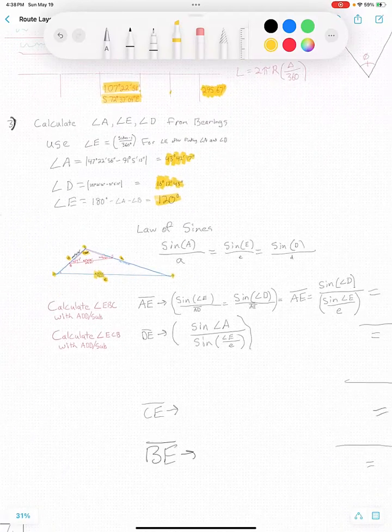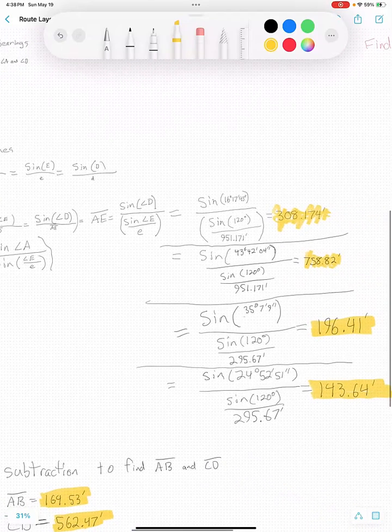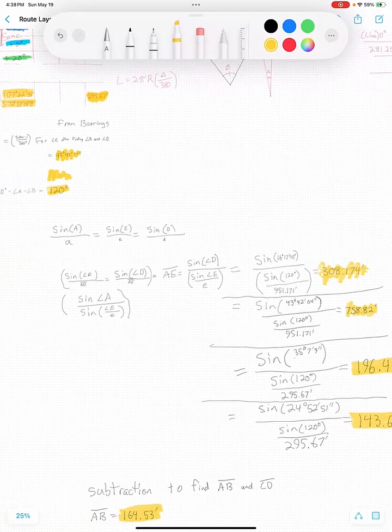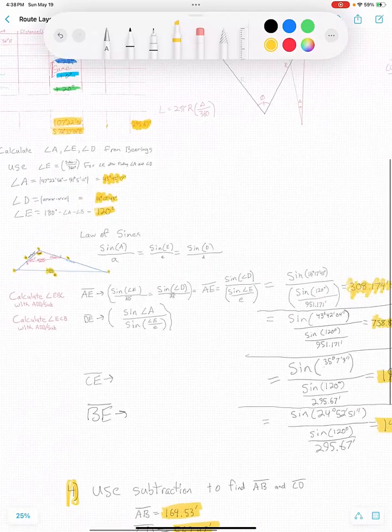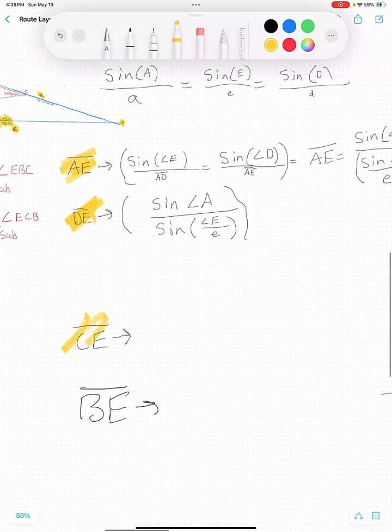Okay, so again, now that we have all those angles, now we can do our law of sines to be able to actually calculate the overall lengths on the big side and the little side of the triangle, right? So big triangle here, this is that distance AE, distance DE, distance CE, and BE.